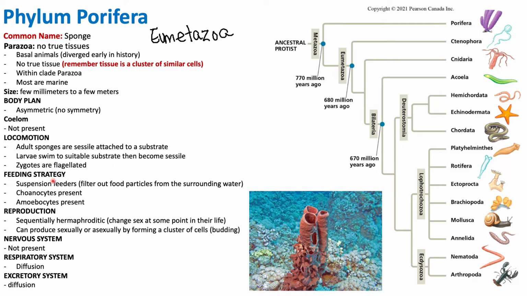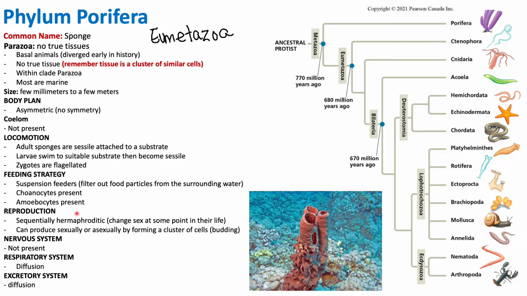For feeding strategies, the phylum Porifera are suspension feeders, which means that they filter out food particles from the surrounding water. And we'll see exactly how that happens. We have two different types of cells that are very important when we talk about feeding, and those are the choanocytes and the amoebocytes, which we will also get into detail about.